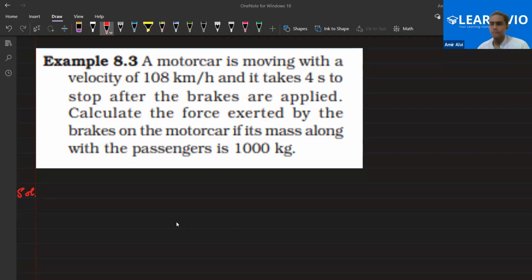Recently, we've started force and laws of motion. Okay, it means that we are ahead of your school syllabus. Are your vacations over now? Yes, sir, they are.